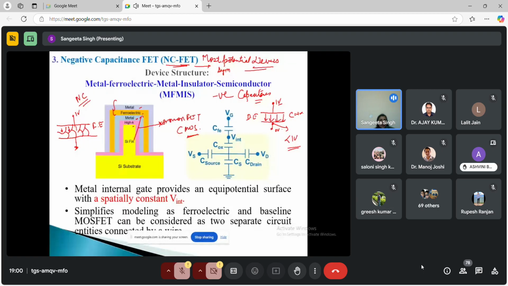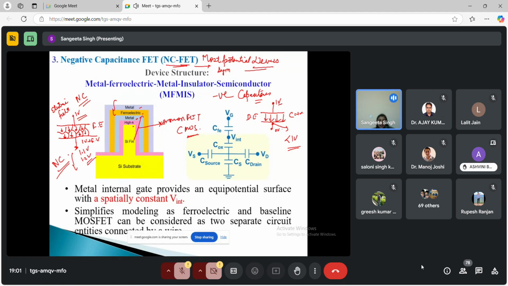So these electric dipoles also get aligned in the direction of the electric field. So if you are applying 1 volt here, this 1 volt plus some bias because of this ferroelectric material, here you will get a higher potential, say 1.1 volt or 1.2 volt. So this particular behavior is called negative capacitance behavior.